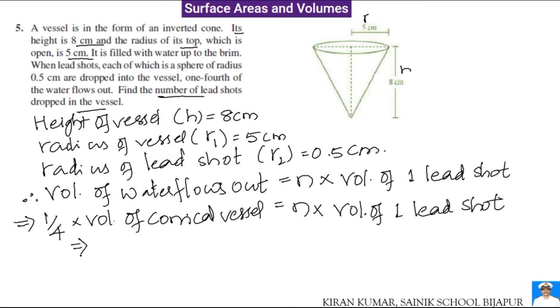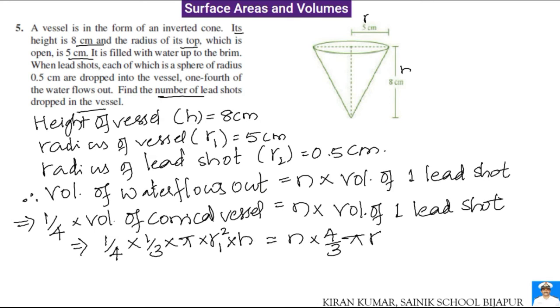So it is 1/4 of volume of the conical vessel, which is 1/3 pi multiplied to radius, I have taken as r1, so r1 square multiplied to h, which is equal to n times of volume of the lead sphere, which is 4/3 pi r cube. I have to write pi r2 cube since I have taken the radius as r2.